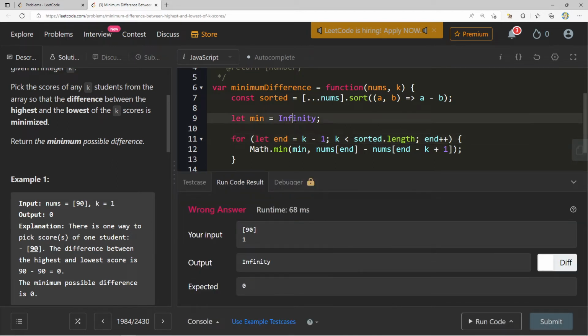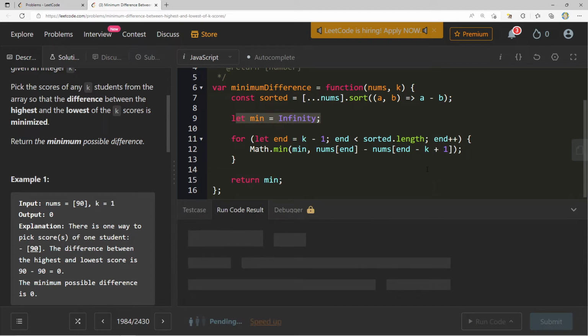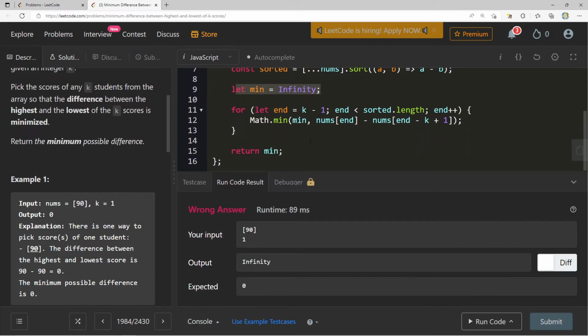Output infinity. Okay. K less than sorted dot length. So let end equals k minus 1, which is 0. Okay, end less than sorted dot length. Let's run this one, see what this gives us. Still infinity, okay.